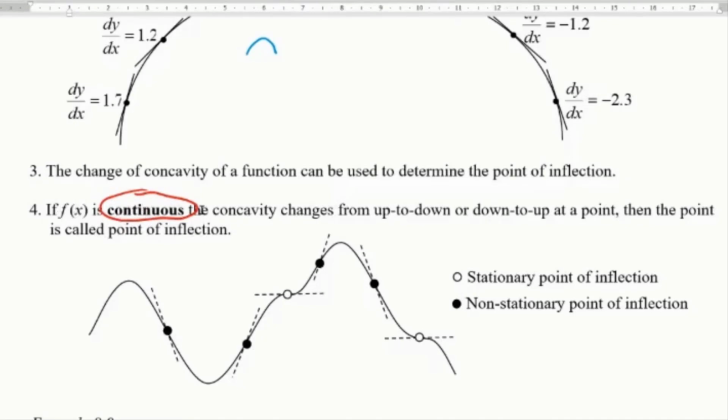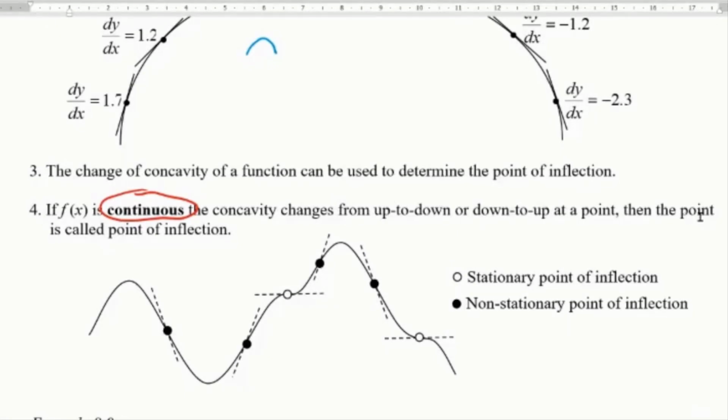If the function is continuous and the concavity changes from upward to downward or from downward to upward at a point, then the point is called a point of inflection. If there is a change, then that is a point of inflection, either from upward to downward or from downward to upward.